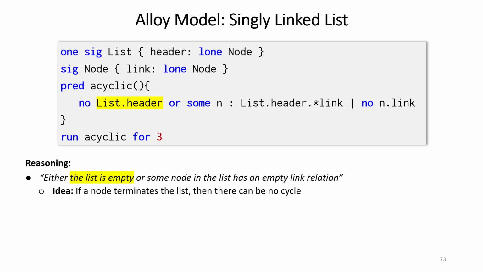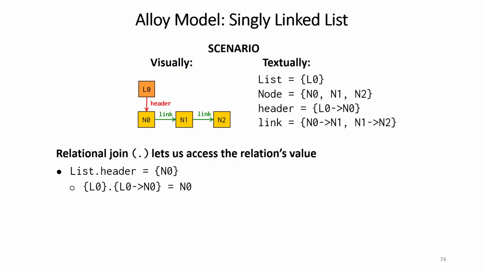Then if we want to say stuff like the list is empty, we have this kind of navigation and the no. Actually the no should also be highlighted, because this no basically means this is an empty set. Now this navigation, we said it's navigation because it kind of looks like navigation: I take one thing, I navigate to the next thing. But actually, it's called a relational join. And that's done by this dot operator, which joins stuff.